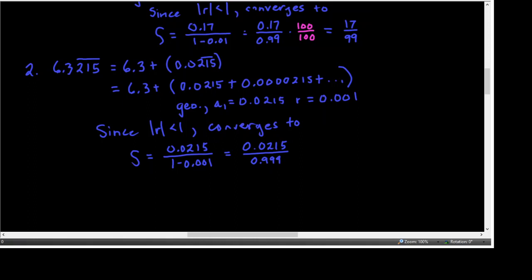and we need to move the decimal for the numerator 4 places. So I need to multiply both top and bottom by 10,000, to move the decimal 4 places.